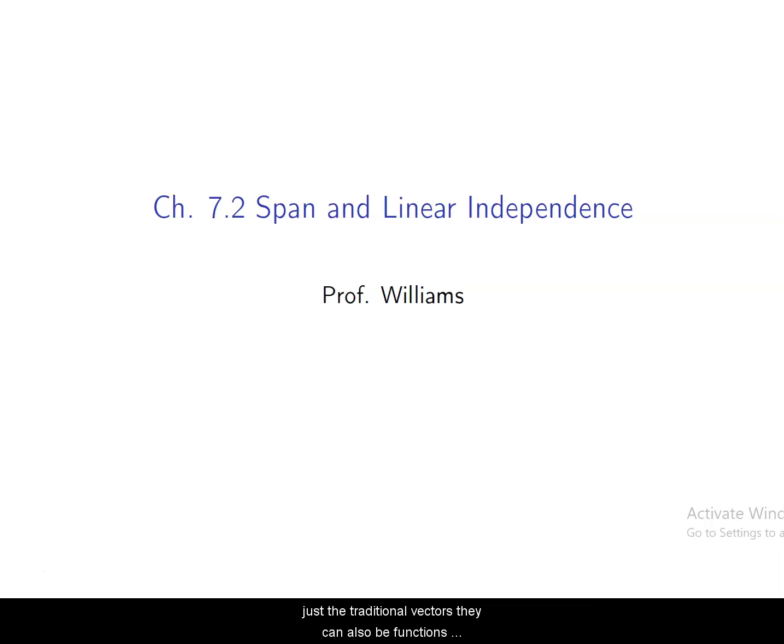They can also be functions, matrices, sets of numbers, things like that. So now we're going to look at span and linear independence through the lens of any vector space. We're going to be playing around with objects that you're familiar with, but we have not been using in this class yet.